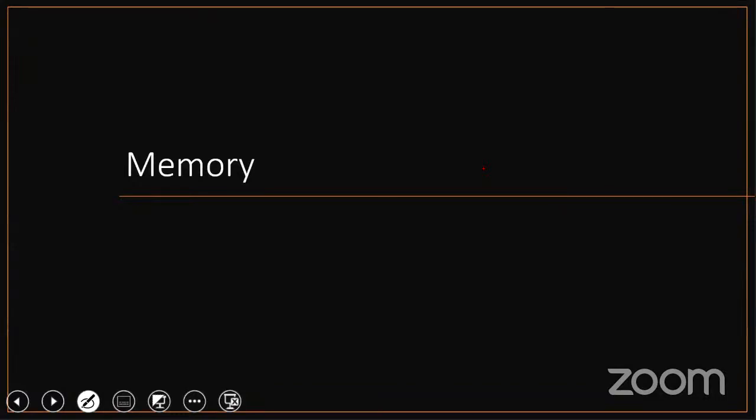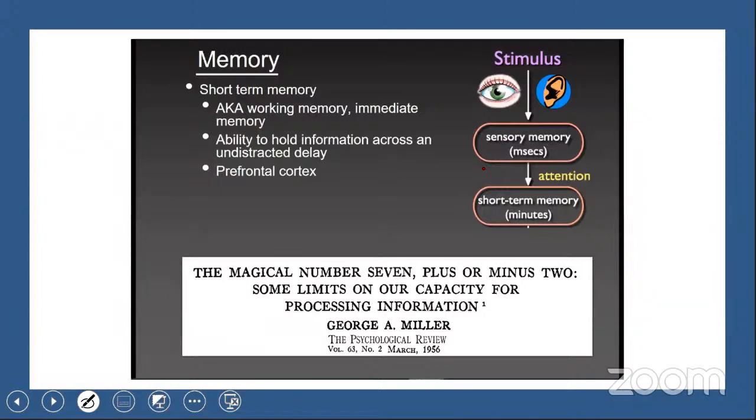The memory, as you see, begins with the visual stimulus and the auditory stimulus. These are called sensory memories, which have a very small millisecond time frame. So the moment you see something, the moment you hear something, it's going into the brain.